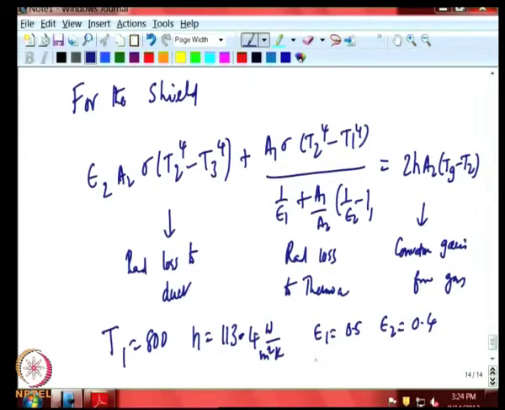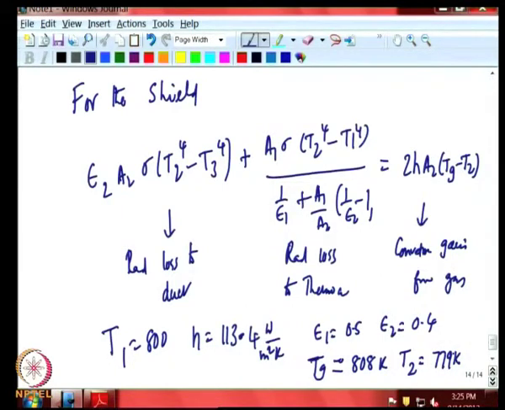You will find that the temperature of the gas will come out around 808 Kelvin, while that of the shield will be 779.